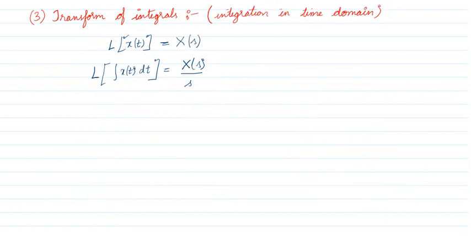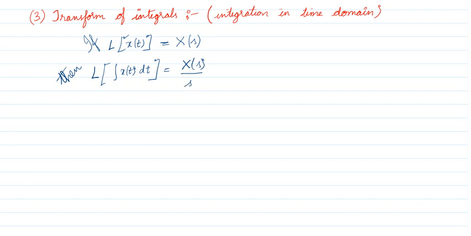Next is transform of integral. In this, if the Laplace transform of x of t is equal to x of s, then if I integrate x of t with respect to t, one integration means you have to multiply with 1 by s.